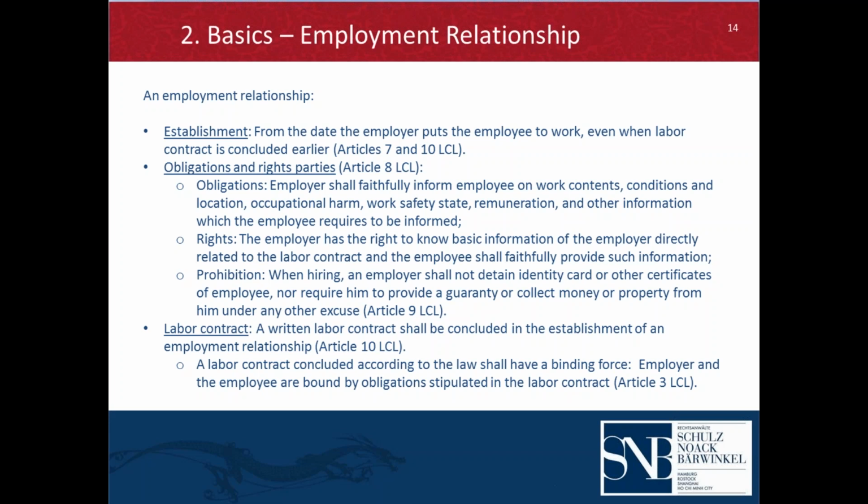Also, the employer has to give the employee information about the safety statutes, about the remuneration, and also other information which the employee may request. On the other hand, the employer also has the right to have information from the employee which is directly connected to the employment contract, for example, regarding his education and experience in the work he will be applied for.